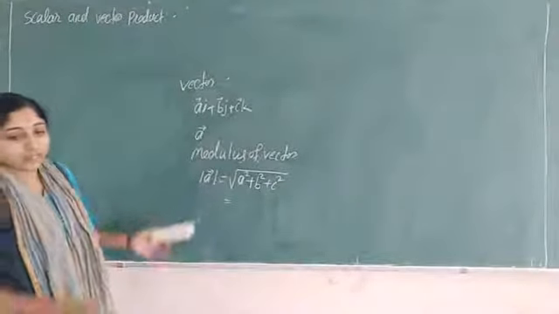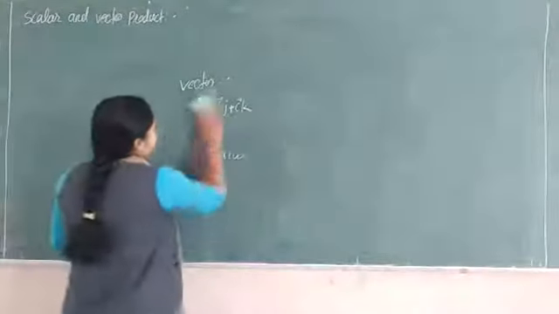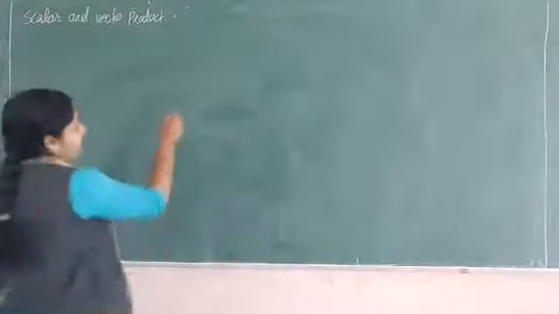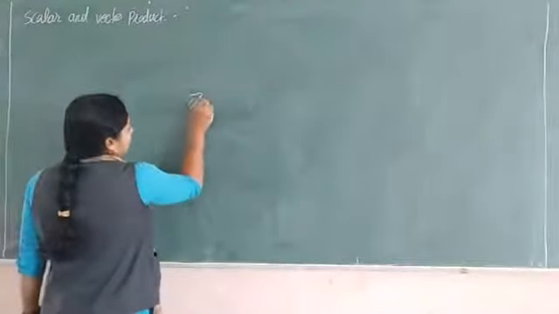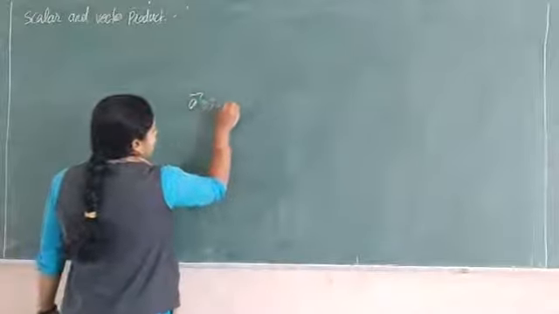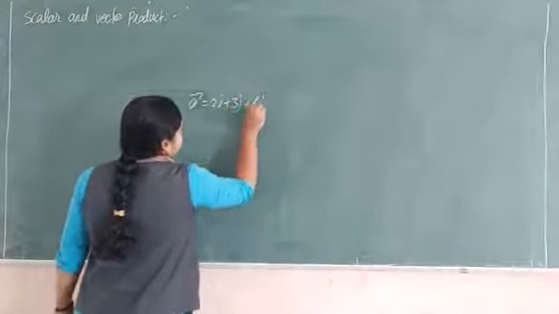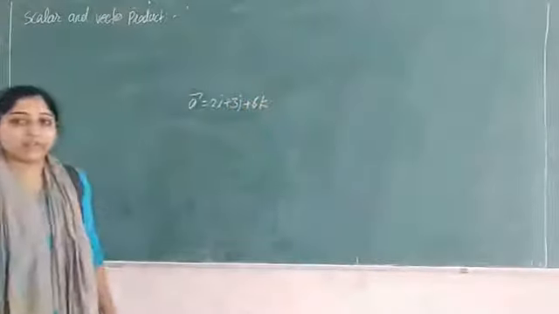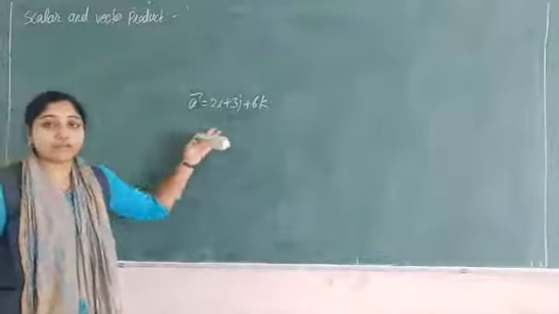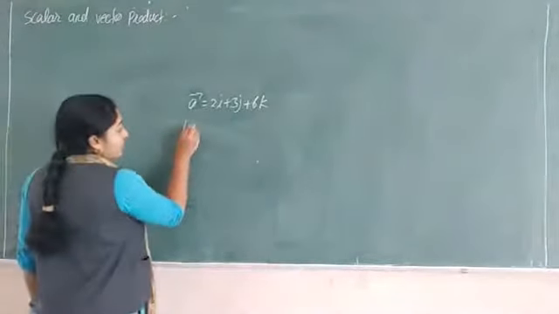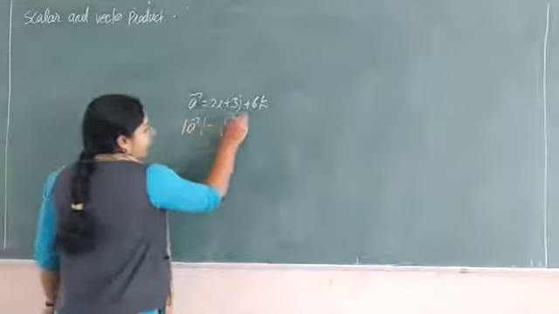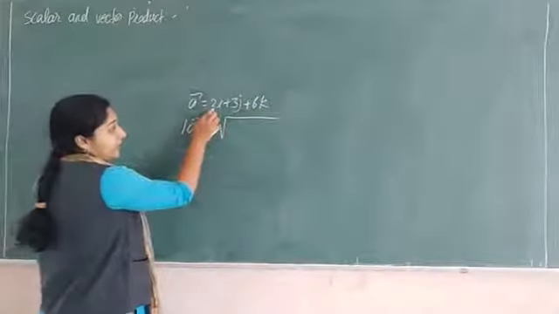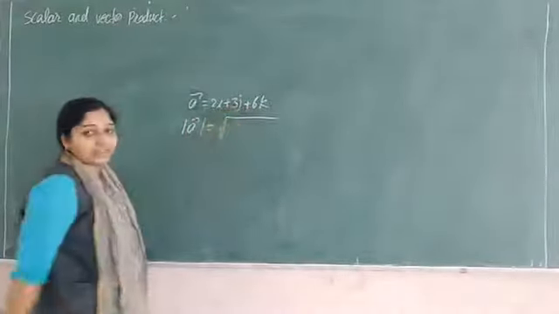For example, suppose vector A is equal to 2I plus 3J plus 6K. How to find the modulus of this vector? Here A is equal to 2, B is equal to 3 and C is equal to 6.